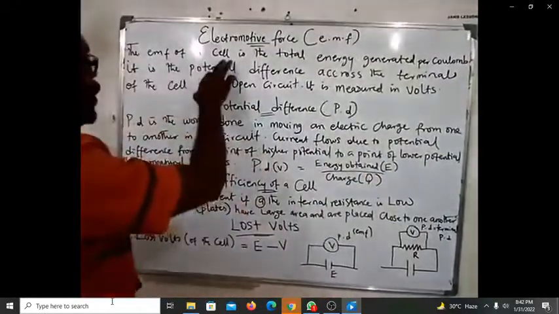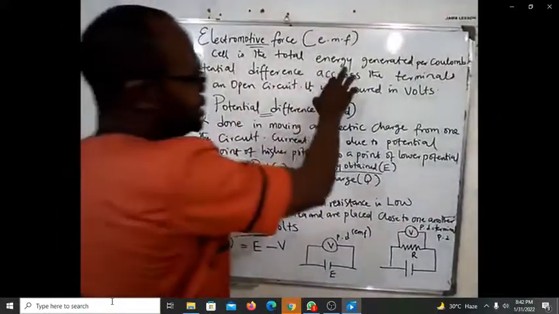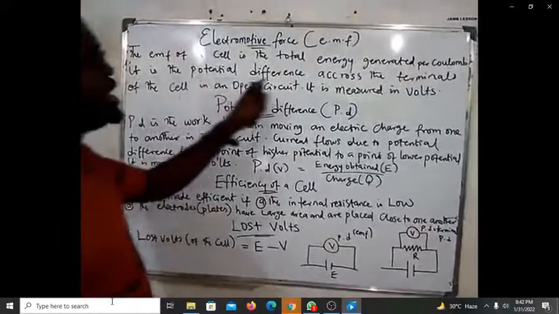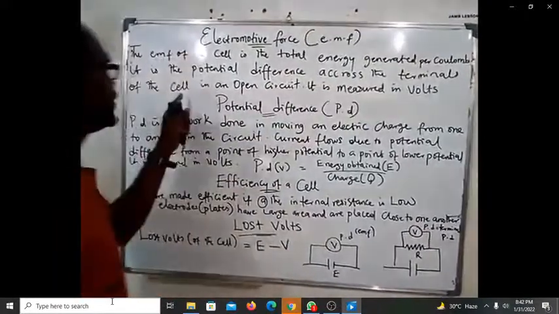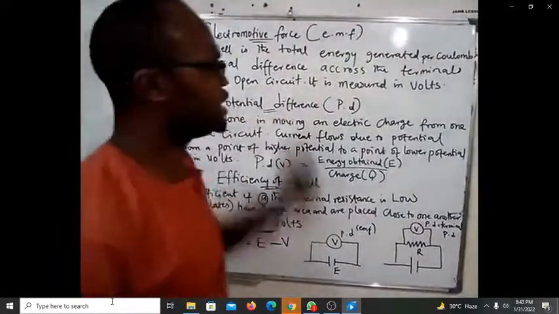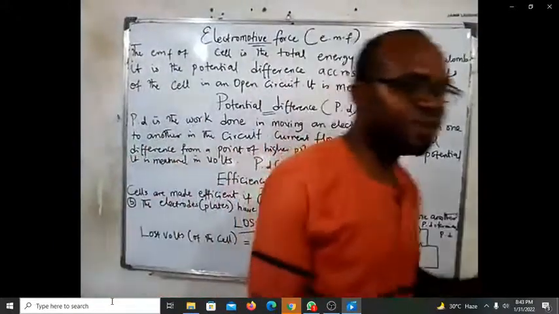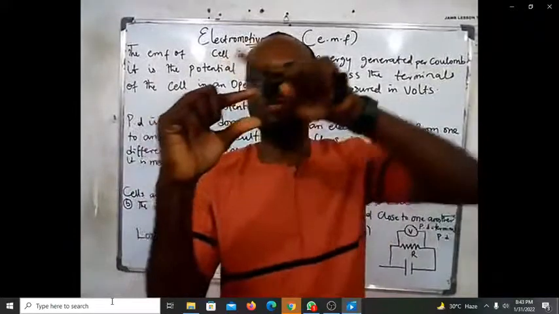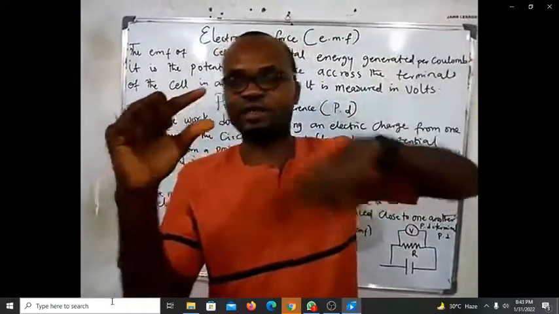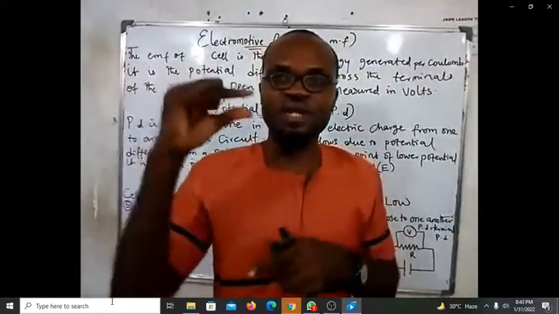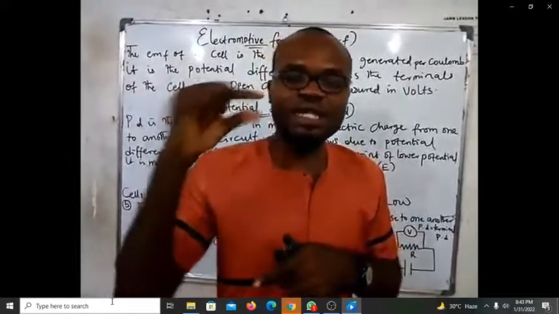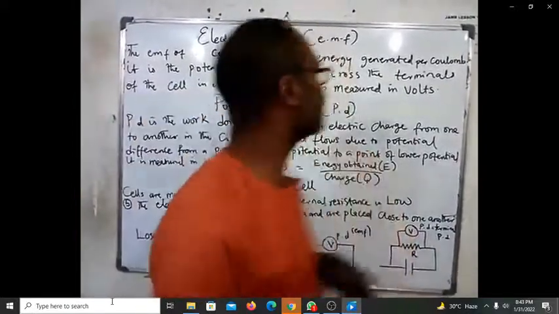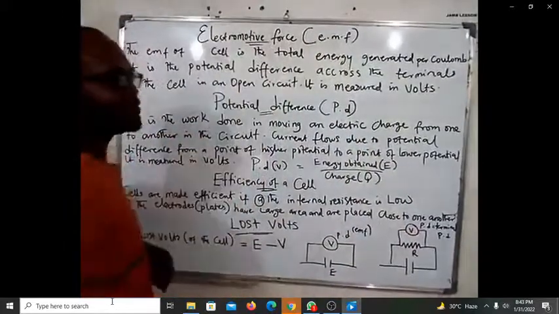The electromotive force of a cell is the total energy generated per coulomb. It is the potential difference across the terminals of the cell in an open circuit, and it is measured in volts. So for the battery to supply the charges that will move as a current around the circuit, there has to be a cell. And what is the force in the cell that enables the charges to move? That force is known as electromotive force.